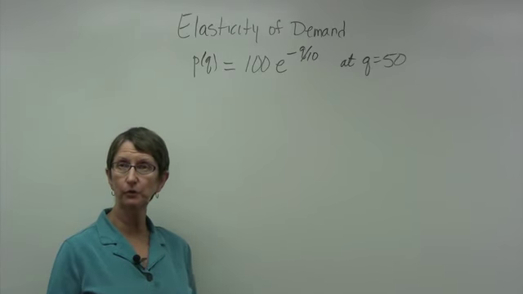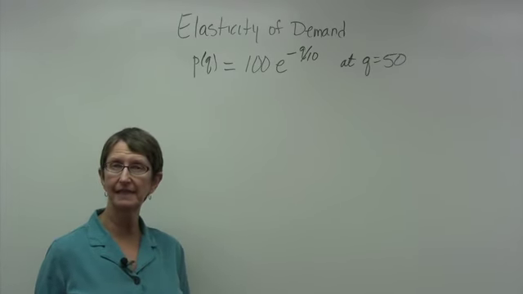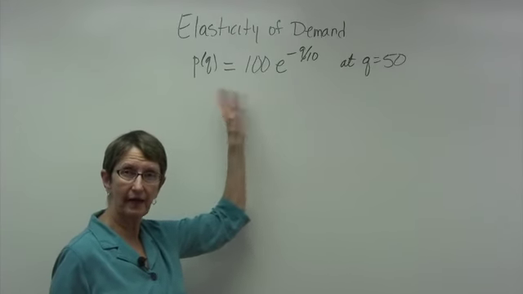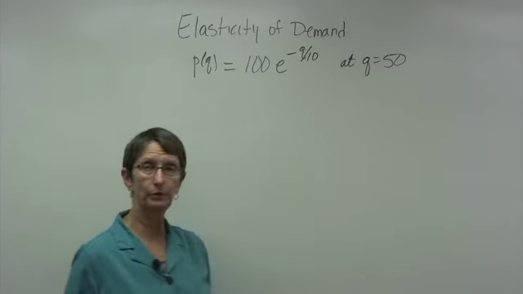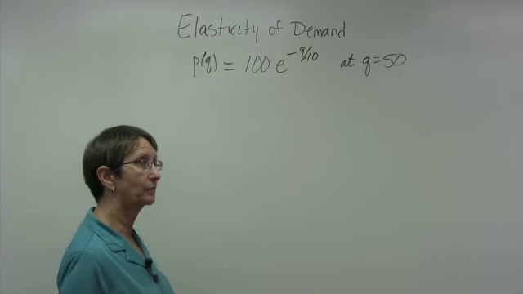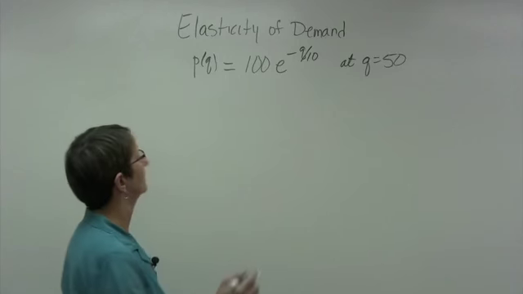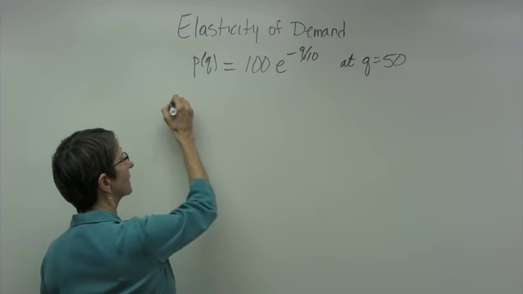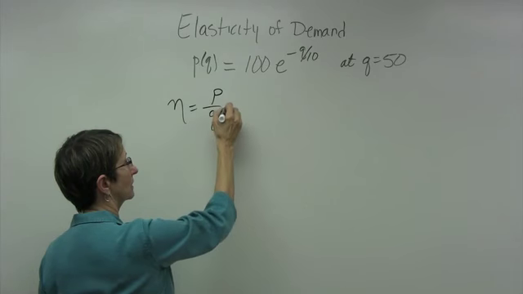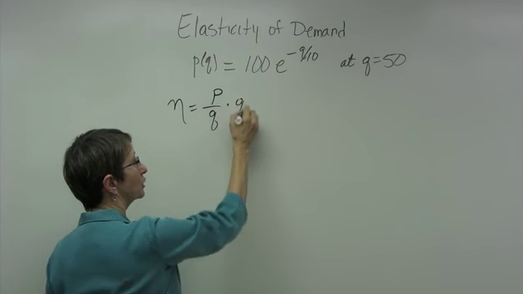This application of derivatives is about elasticity of demand. We're given a demand function and we want to find the elasticity at Q equal to 50. We've had formulas for elasticity before, but we had 2 separate formulas. For one, we found that elasticity was equal to P over Q times Q prime.